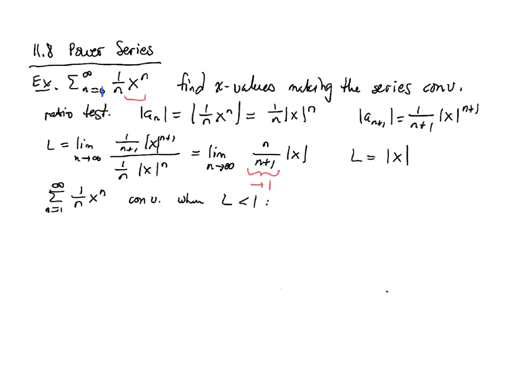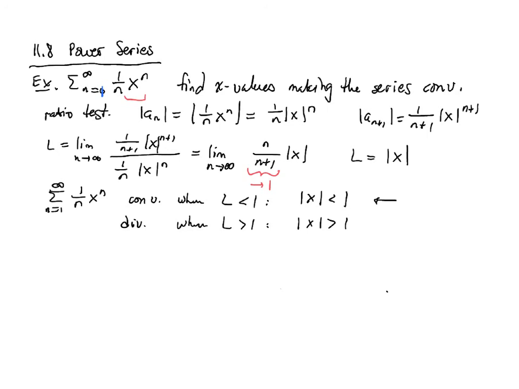So when the absolute value of x is less than 1, and it diverges when L is greater than 1. That is, when the absolute value of x is greater than 1. So we've found a whole bunch of x values that make this series converge, namely the ones up here.